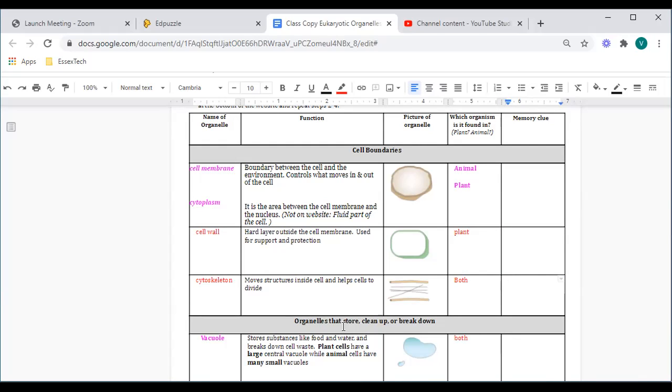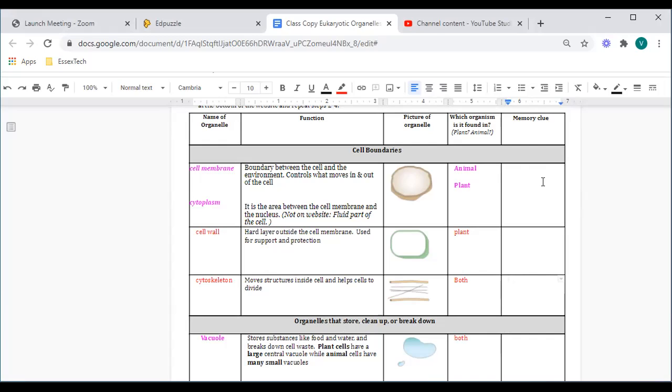The city is made up of different parts or pieces, let's say inside the city, there's a police department, a fire department, grocery stores, schools, places of worship, hospitals. All of these parts make up the city. So we can think of it just kind of like these organelles. All these organelles make up the cell.